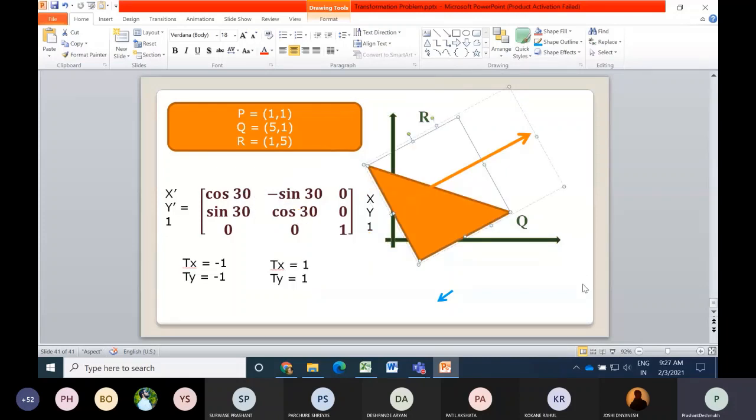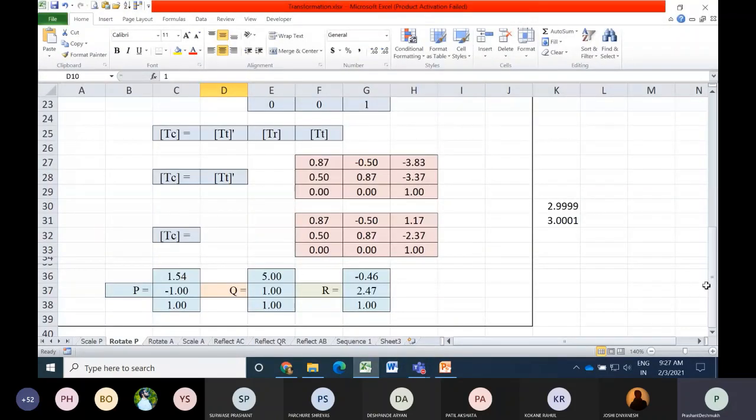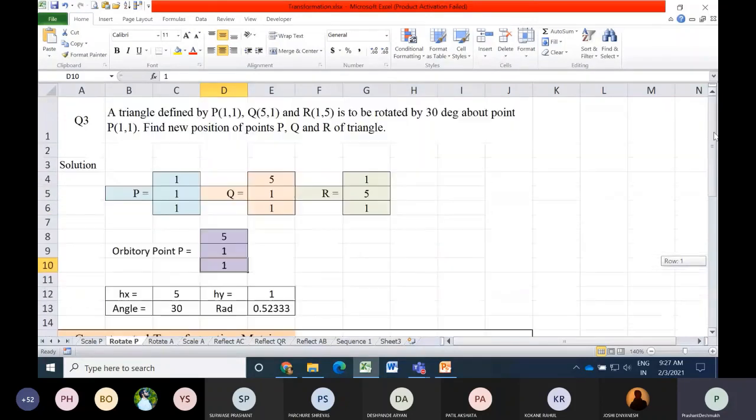So it will be like this. It depends upon the angle. This is approximately how it will look. So this is the way in which we have to carry out the rotation. You can note down this problem and solve it.